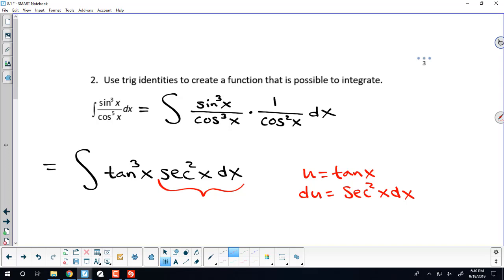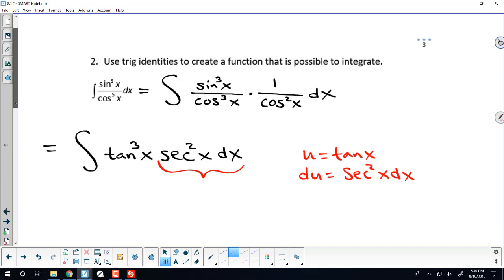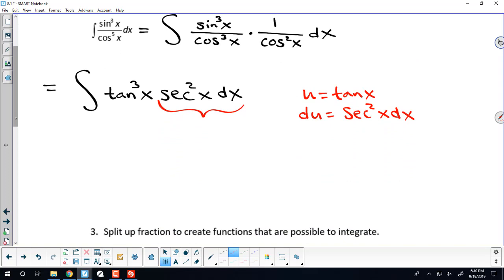This is another type of integral, powers of trig functions, that we see in 8.3. In 8.3, we revisit how we would integrate something like sine squared times cosine squared. When we get there, you'll see there are certain techniques involved, but they're all u-substitutions.